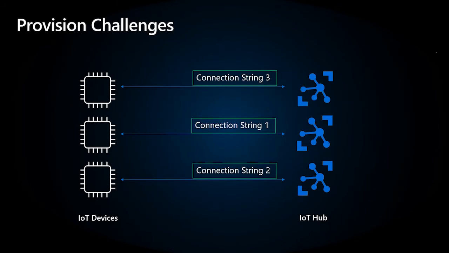Continuing on to this example, what happens if you want to assign an existing device to an IoT hub? And this is really difficult because a human operator would have to program this device because each IoT hub has a unique endpoint. This last example is not always feasible because the IoT devices may already be deployed and installed, and to reconfigure it is very difficult.